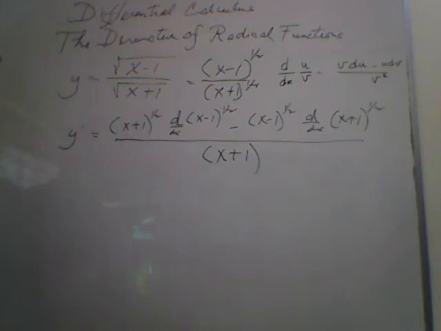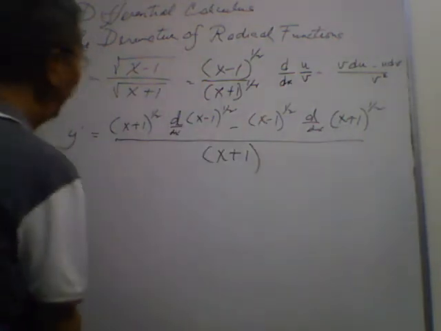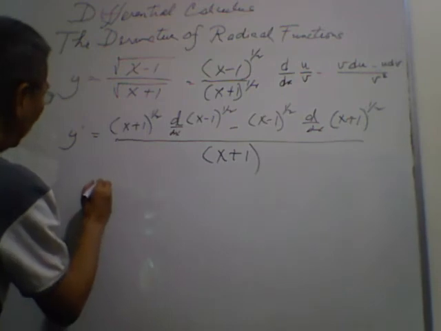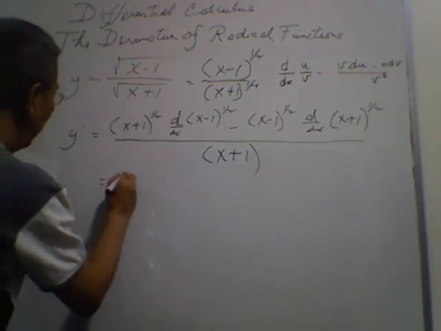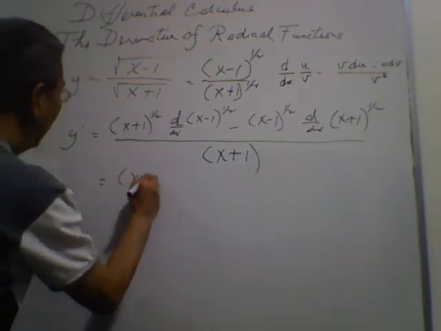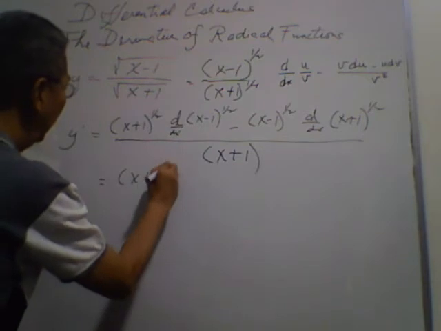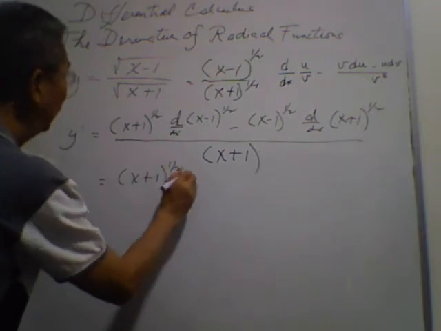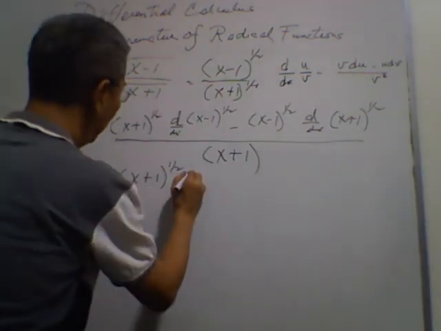So we continue. We find the derivative of x minus 1 here. So this one is x plus 1 raised to 1 half, so this one is 1 half.